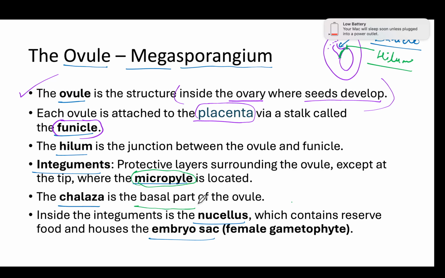Clear? Now inside these coverings, what is present? Inside these coverings we have reserve food material as well. The layer where reserve food material is present is known as the nucellus. Clear? So that's all about the structure of the ovule.